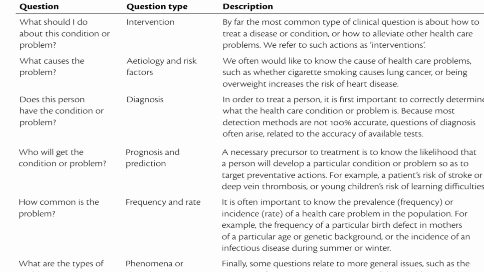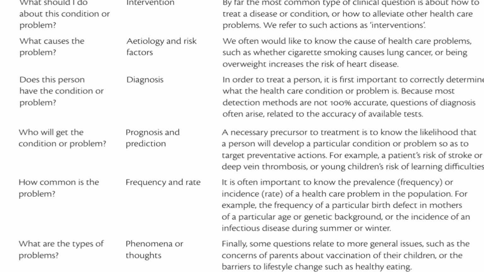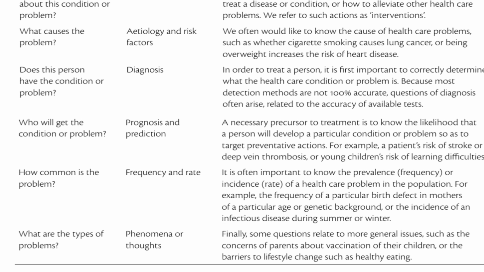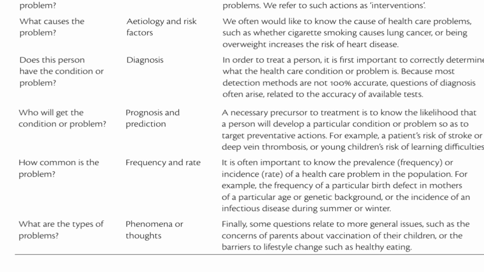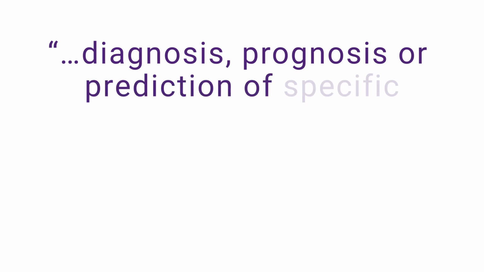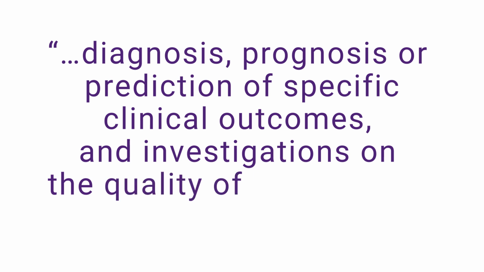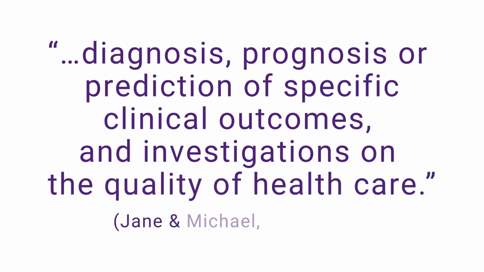Other questions relate to the incidence or prevalence of a disease or healthcare problem and how to reduce the risk of the disease or reduce side effects and risks associated with an intervention. This category includes questions about diagnosis, prognosis, or prediction of specific clinical outcomes and investigations on the quality of health care. You can find further descriptions of question types in the sources listed at the end of the third video.